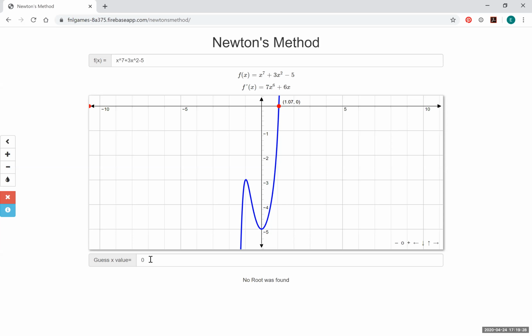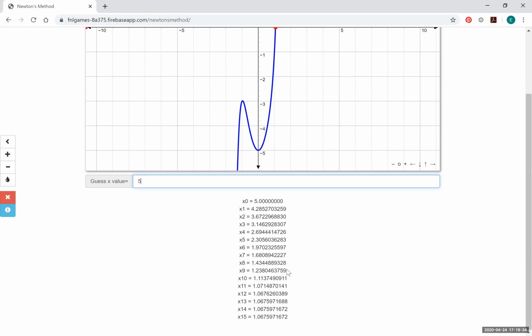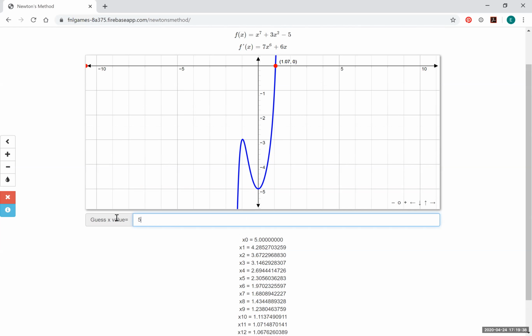It doesn't work out. But we could put in other x values like 5. It takes quite a few iterations, but ultimately it gets there. We could go out further, but I think you get the idea.